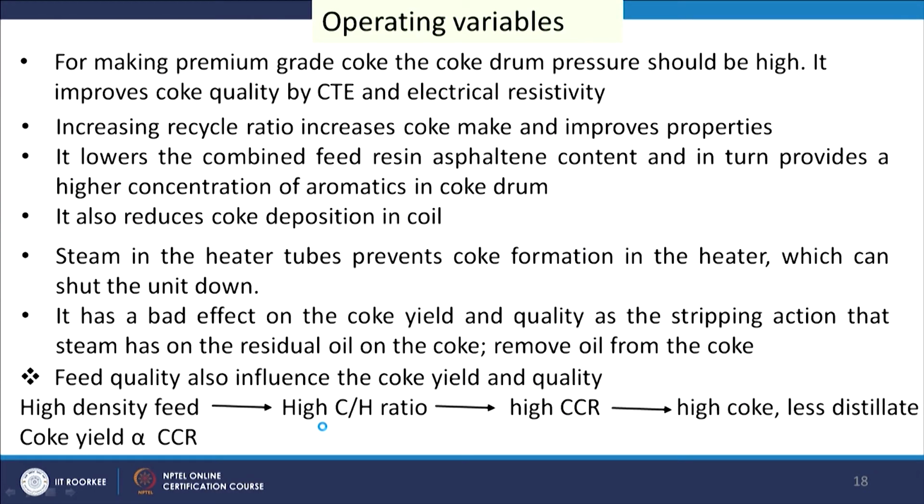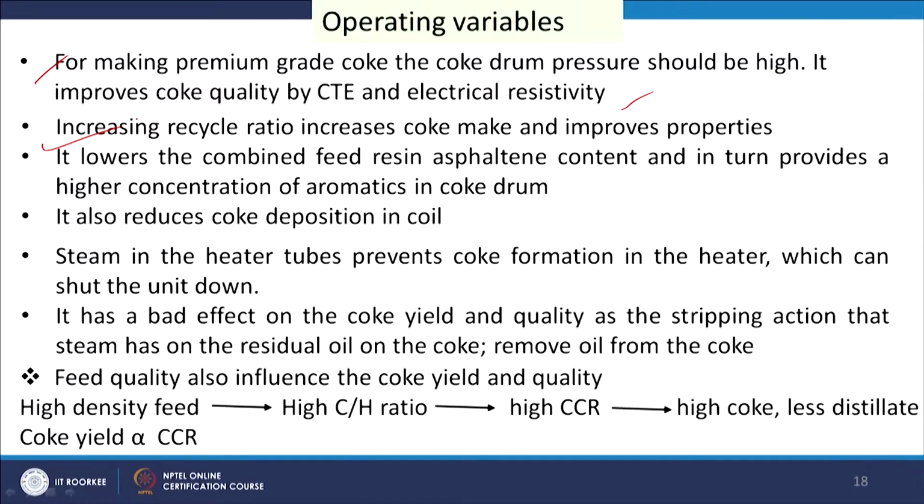Then for making premium grade coke, the coke drum pressure should be high. It improves coke quality, CTE and electrical resistivity. So, when we increase the pressure, we get more coke, and the quality of premium grade coke is also better.